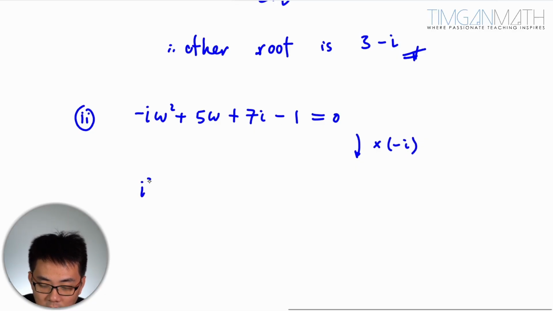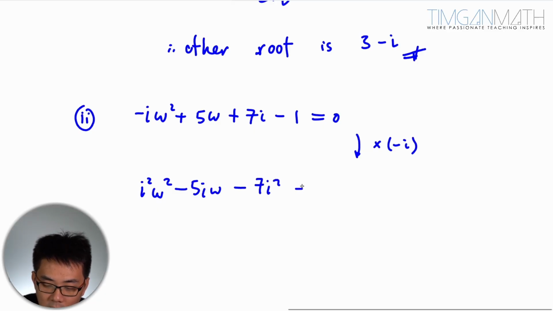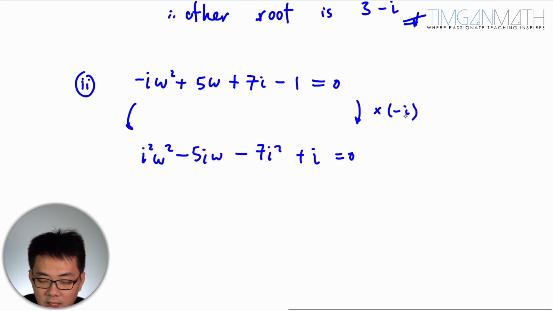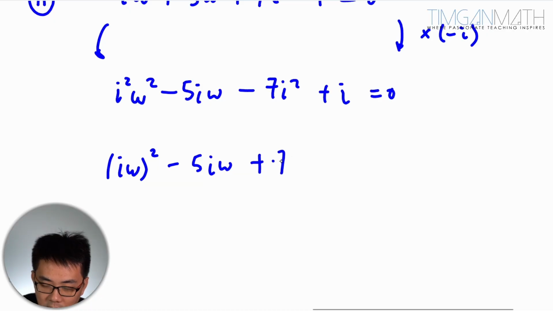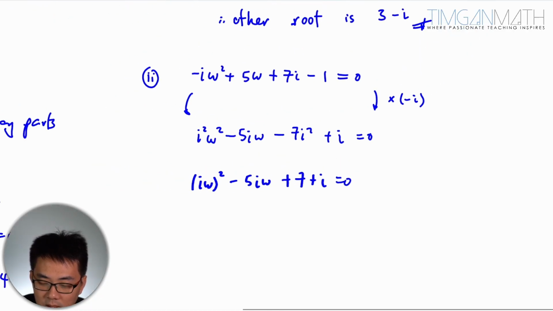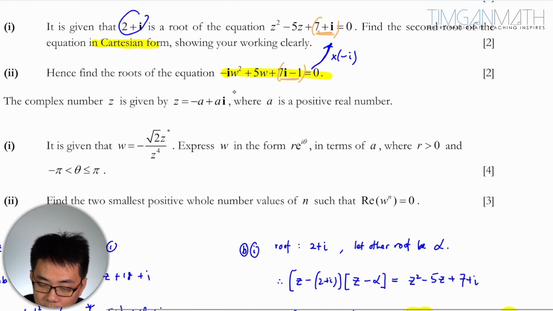So this will be i squared w squared minus 5i w minus 7i squared plus i. So you multiply both sides by negative i. Negative i times negative i will be i squared. So this part here we get is iw squared minus 5iw plus 7 plus i equals 0. So this is similar to what we got here.